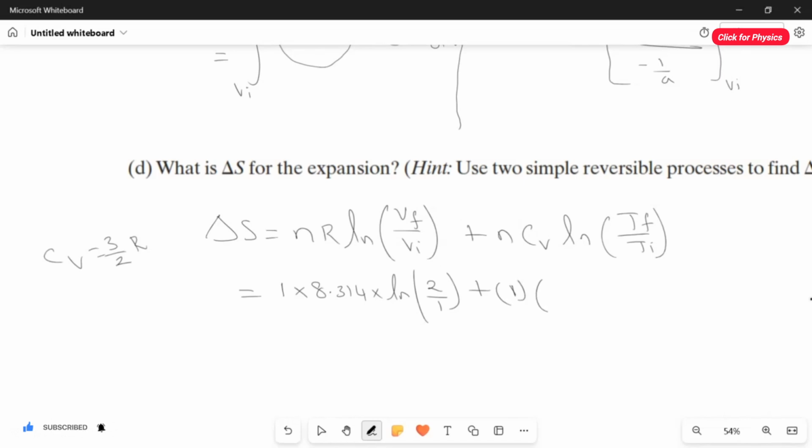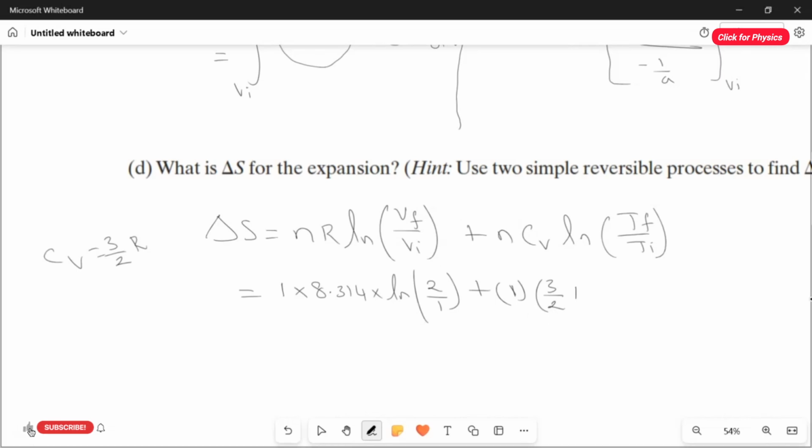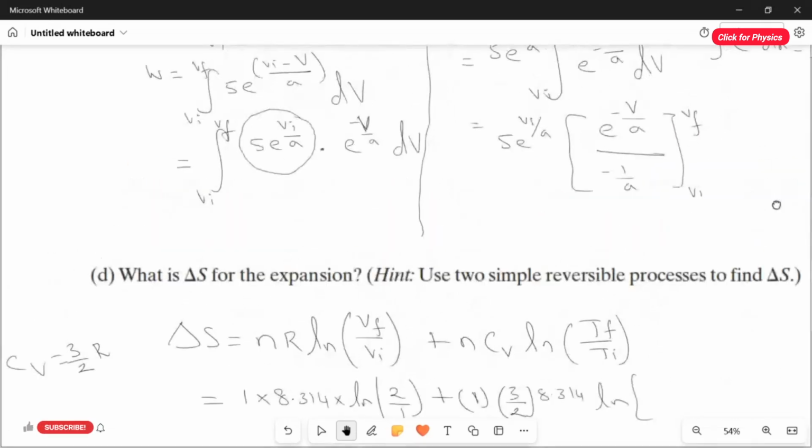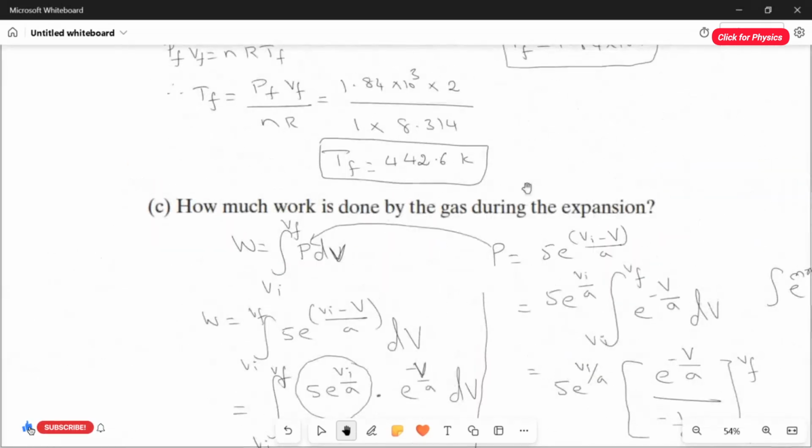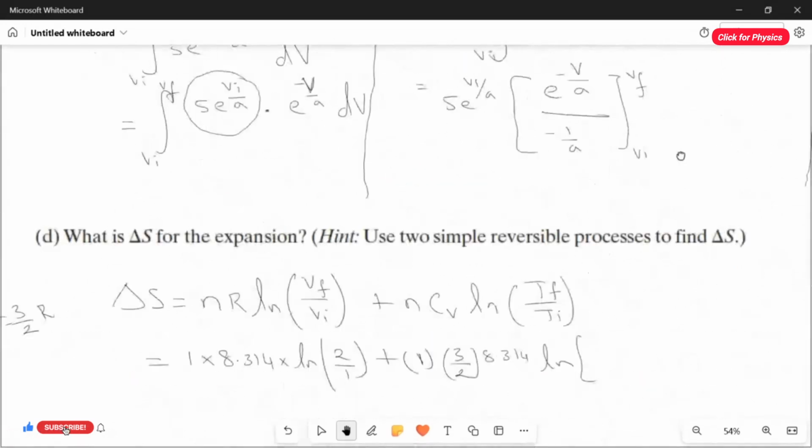So 1 multiplied by 3 over 2 times R, so R I can substitute, multiplied by 8.314, and then natural log of T final. What is the T final answer? T final, we found the answer here as 442.6, and Ti value is 600.